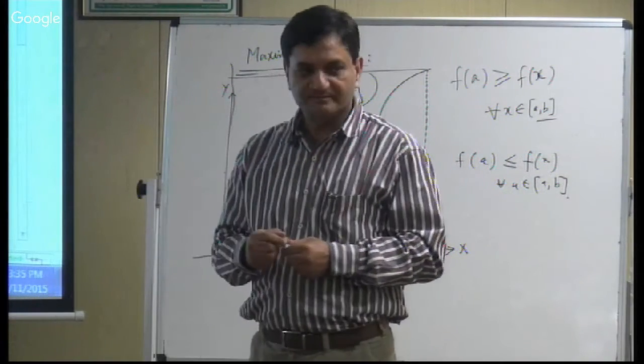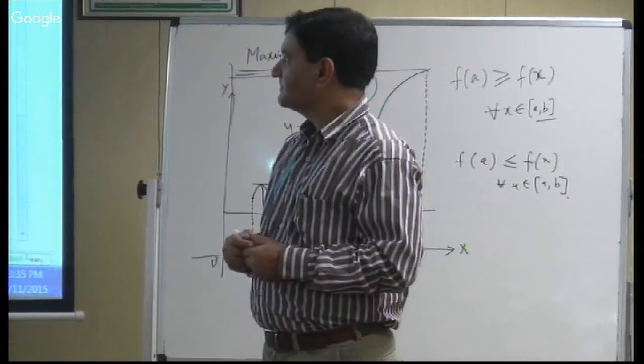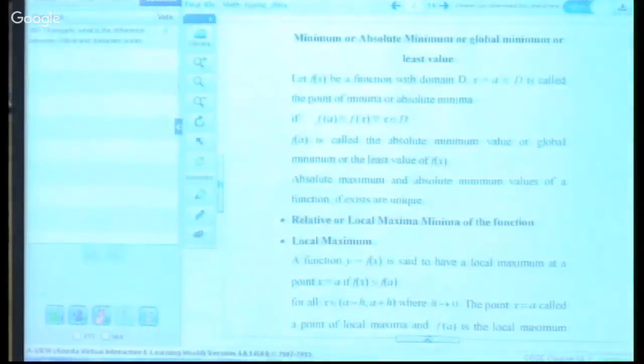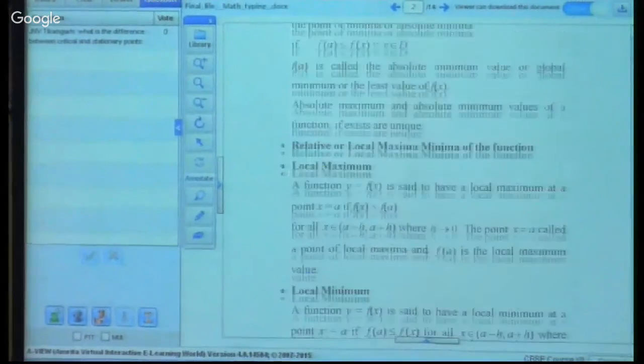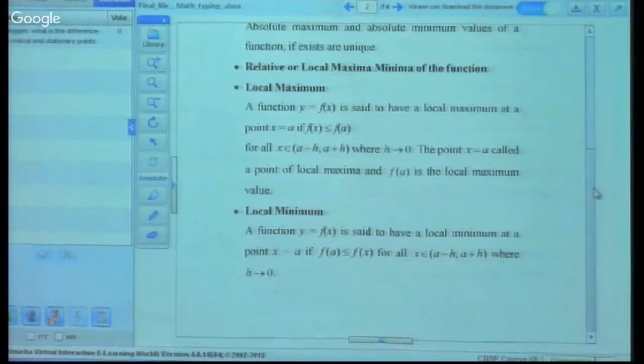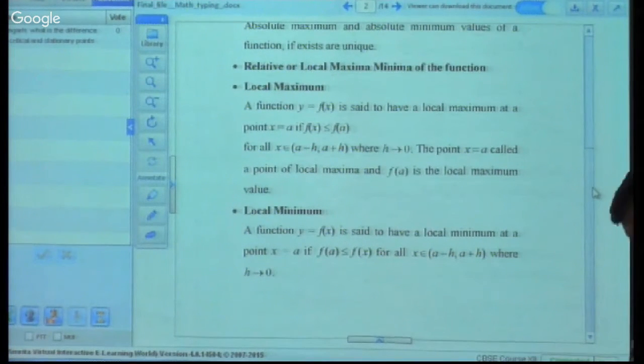Next, please. Now again, absolute minima, it is clear to you. Now the other term which we use for local maxima minima is relative maxima minima. Now how to find out the points of relative maxima minima, right? Now we'll study that first.